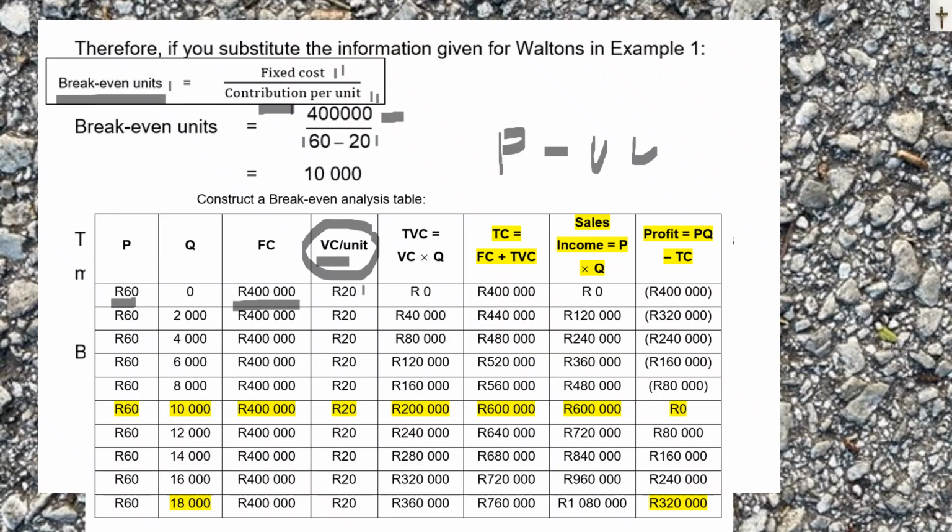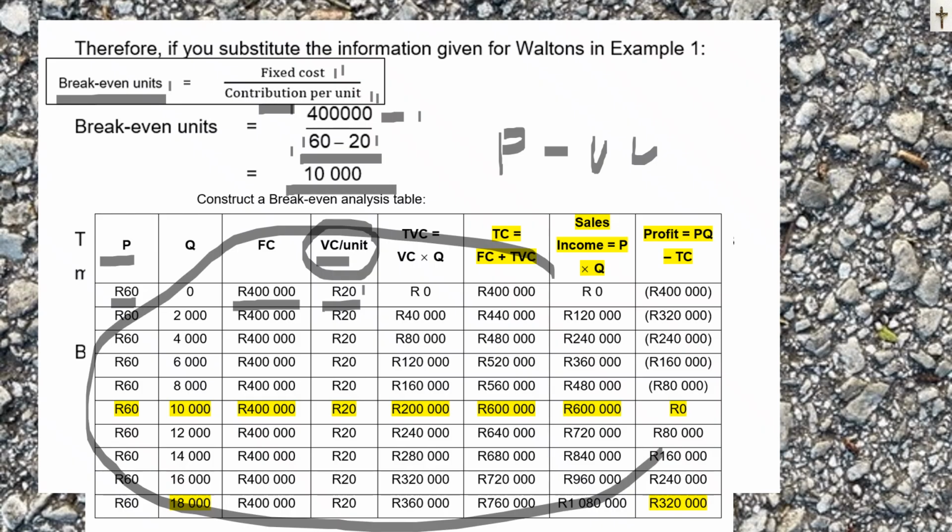We've got the fixed cost and we've got the contribution per unit, which is price minus the variable cost per unit. And if you punch that into your calculator, where this business breaks even, there you've got 10,000 units need to be produced and sold.